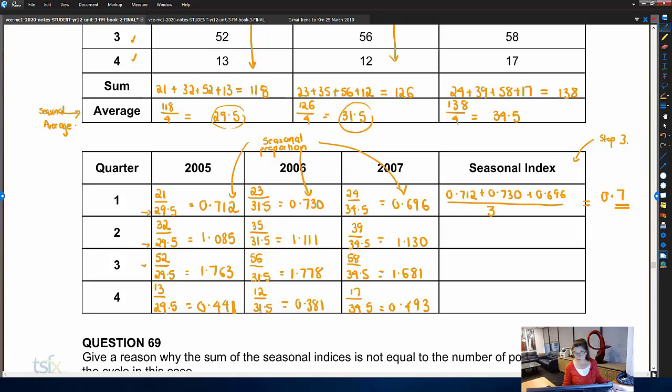Let's do the next one: 1.085 plus 1.111 plus 1.130 divided by 3.